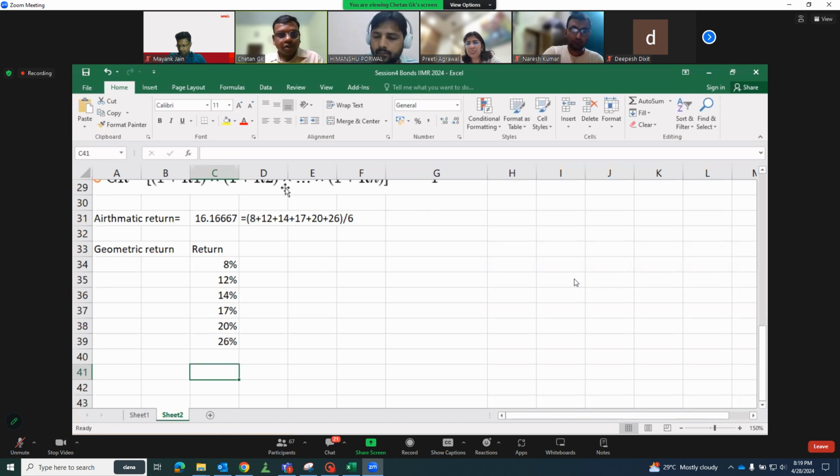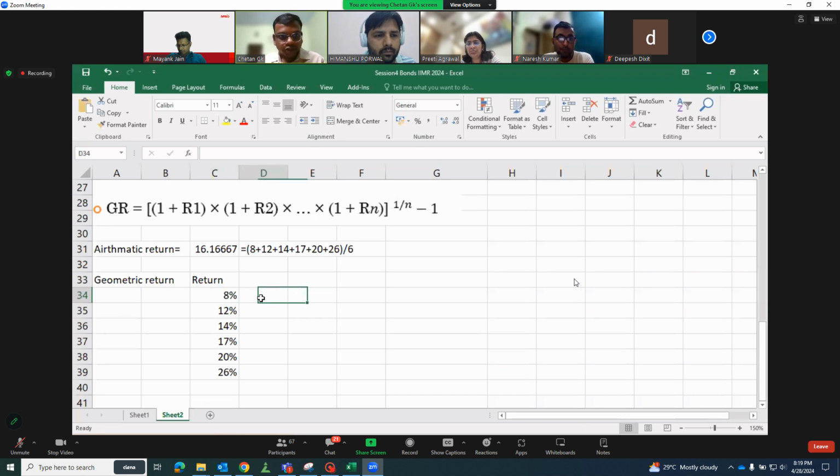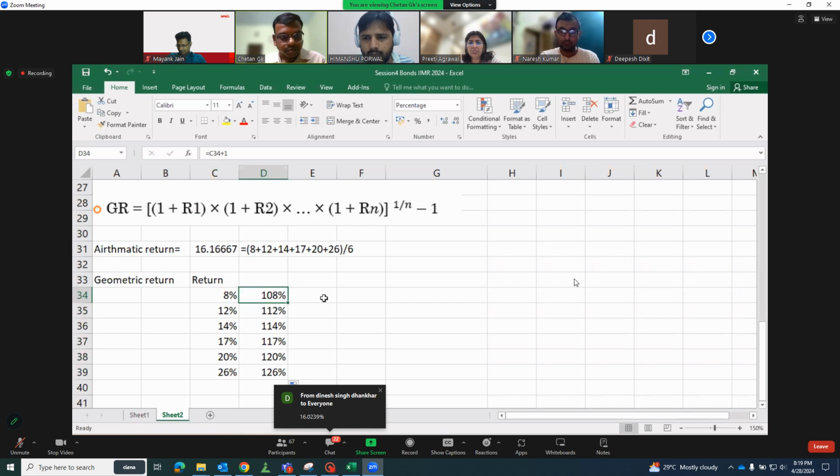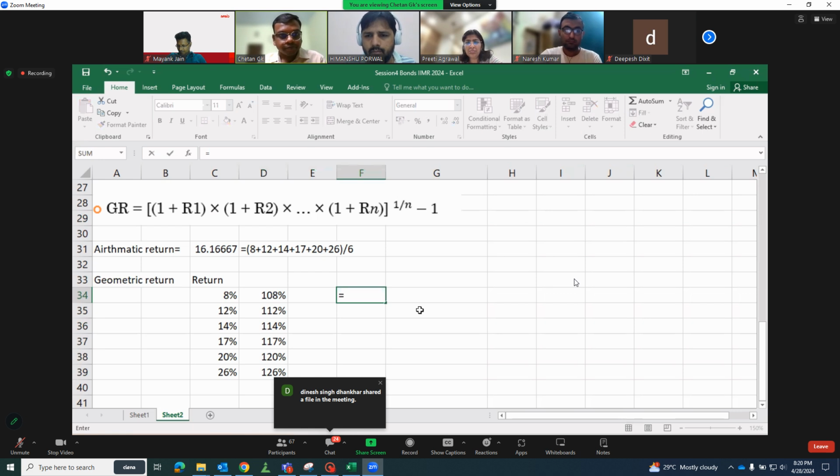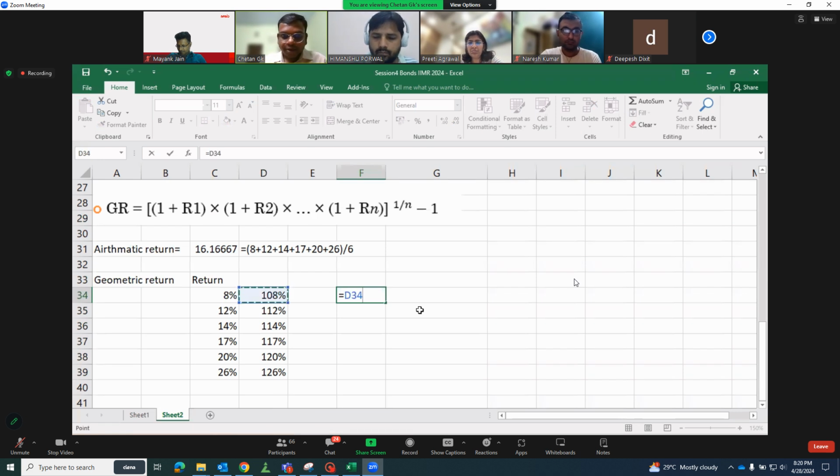So let us go by the formula now. What is there in the formula? I should add 1 to this, right? I'm adding 1 to this. Then I have to multiply this, right?